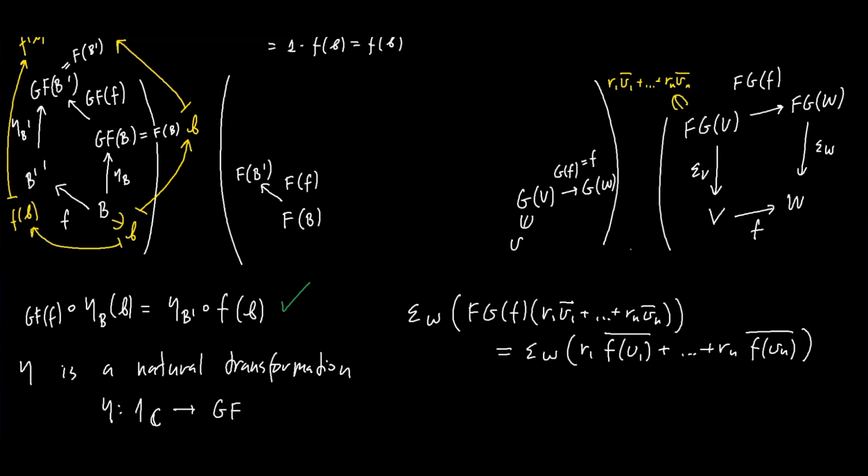V1 becomes V1 bar when I want to just have a notation for formal combination to distinguish it from an actual combination in V. But once I map each of the V vectors by the function f, and then I want to create the corresponding formal combination here, when I create a formal combination out of elements of GW, I need to put bars on the elements of GW to indicate I've got a formal combination.